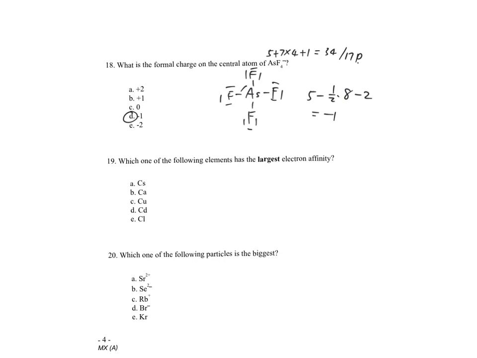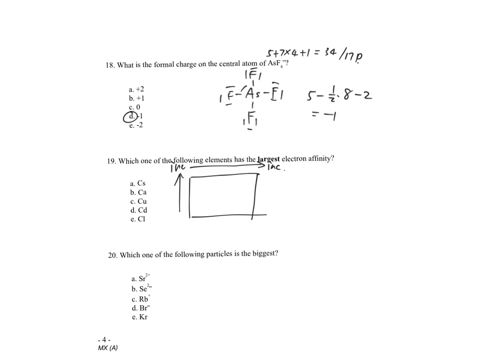Now, electron affinity, that should be an easy question because electron affinity increases going bottom to top within a column, and increases from left to right in a row.